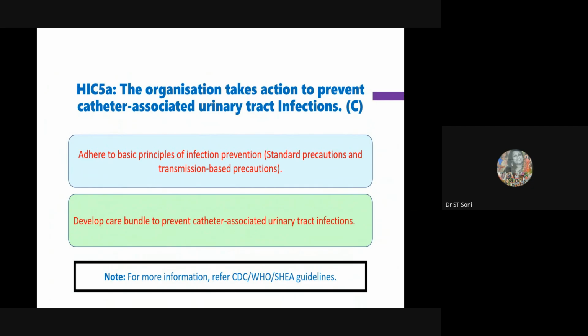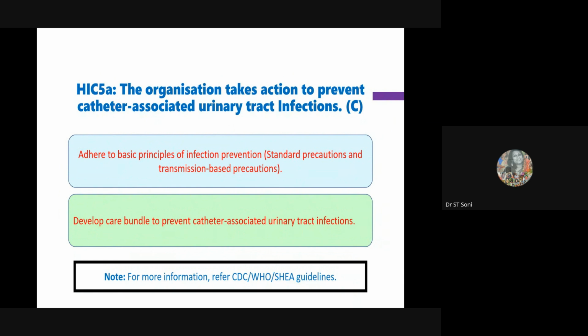So adhering to the basic principles of infection control, we can prepare a care bundle. These are a group of infection prevention control practices which are grouped together to prevent, say, if the patient is catheterized, CAUTI, catheter associated urinary tract infection.